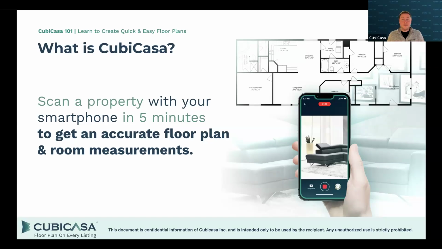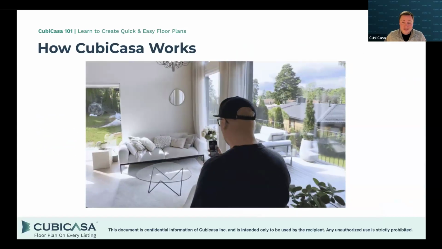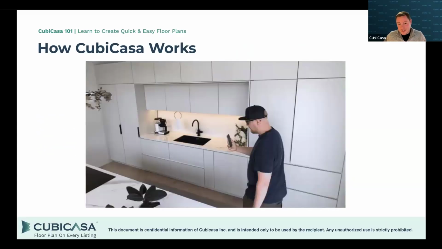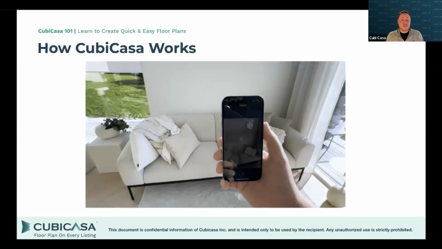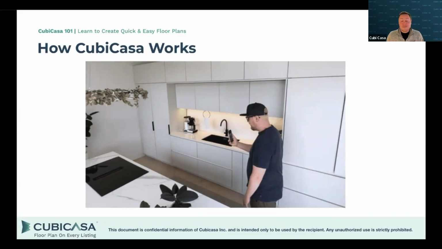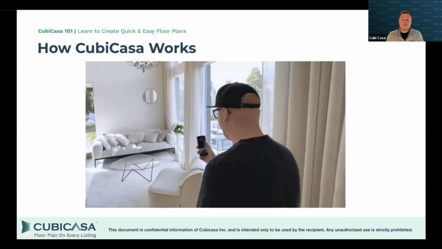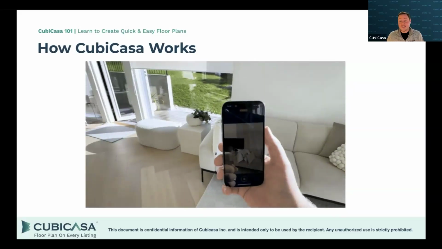Now, at first thought, you may be thinking, it sounds like this is going to be a complicated or technical process, maybe even time consuming, even though I did just say a few minutes. The good news is it's probably easier than you're thinking. If you look at this image on screen, that gives you a good glimpse into what you'll look like as you're walking through scanning properties. You'll simply open up the app, confirm the property address, and begin the new scan.